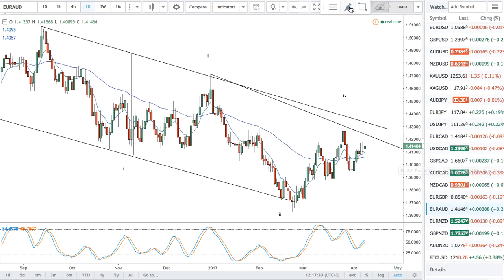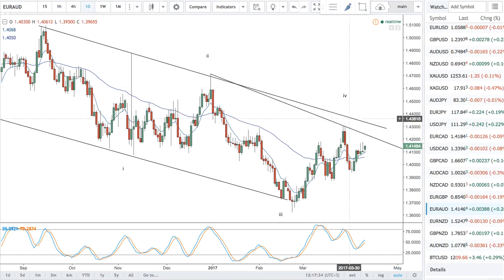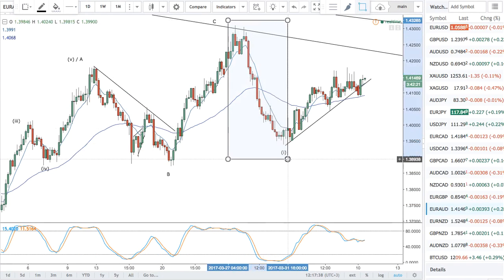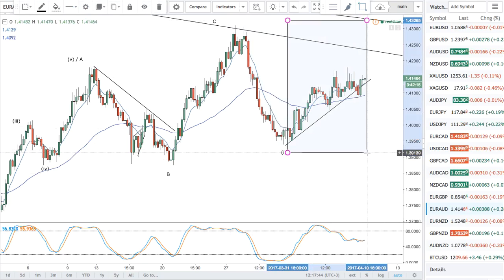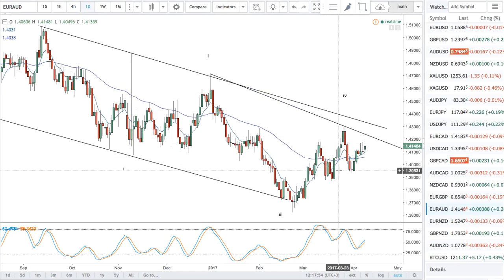Now, given that this is only 3 waves here, and on the 4-hour chart I explained that this is a 5-wave impulse, and that this clearly is a corrective pattern, I am looking for this to sell off. Now, any move up towards 200 or a bit above is absolutely fine, and I would say that this head and shoulders pattern is very likely to play out.